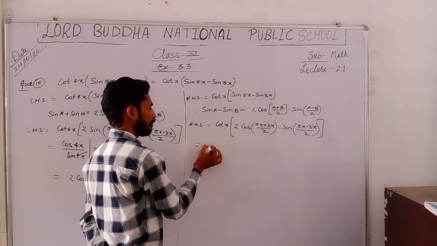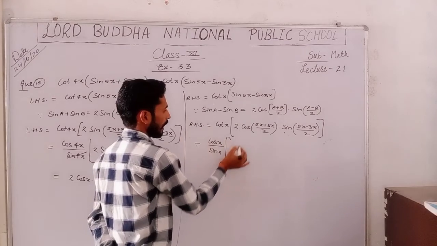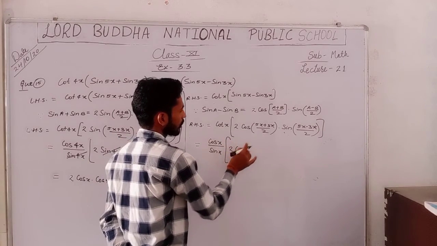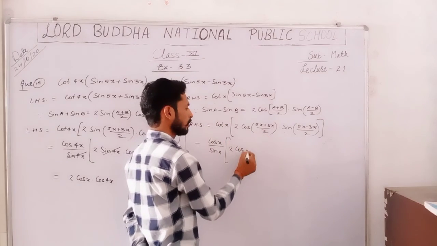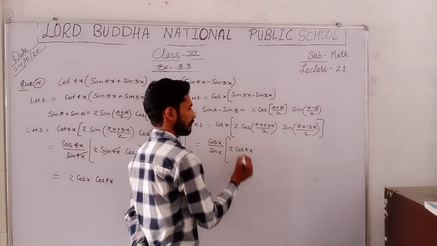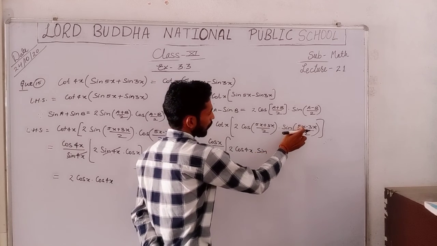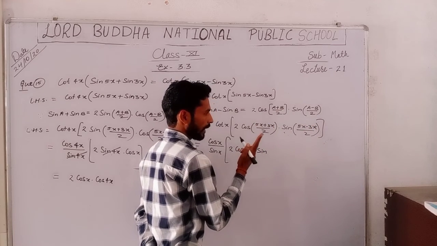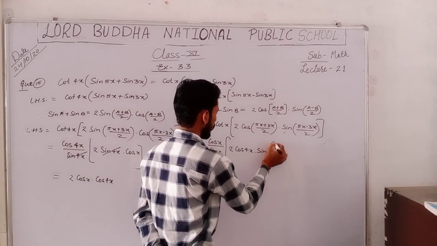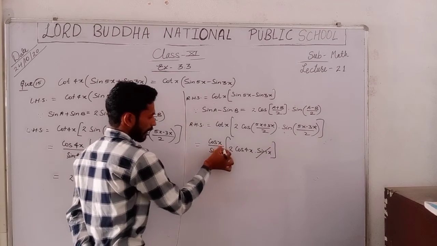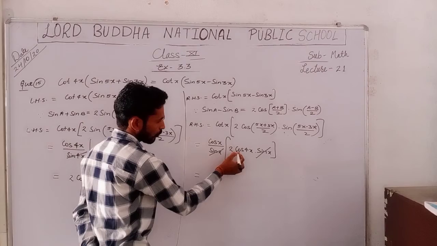Now cot x can be written as cos x divided by sin x, and in the bracket 2 cos of 5x plus 3x, that is 8x, divided by 2, will become 4x, into sin of 5x minus 3x, that is 2x, divided by 2, that will be sin x. So this sin x can be cancelled, and outside the bracket there is cos x and 2 cos 4x.